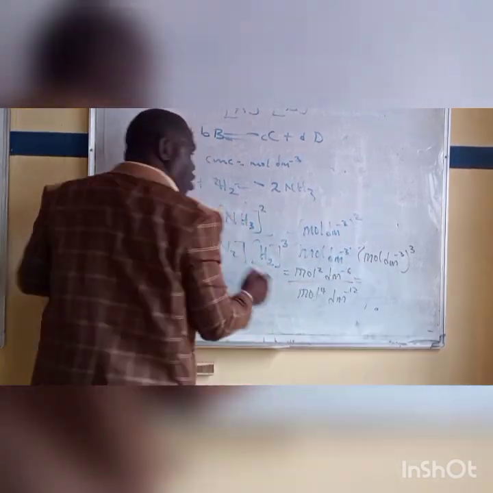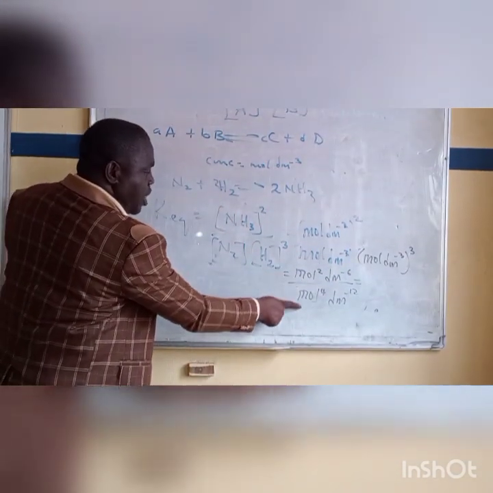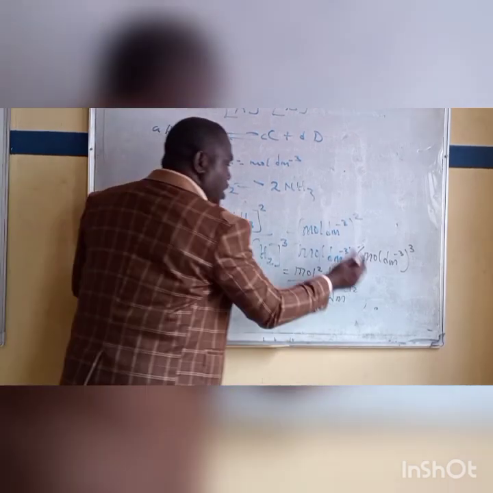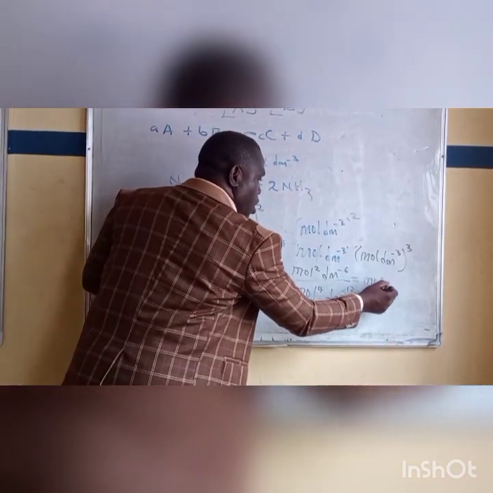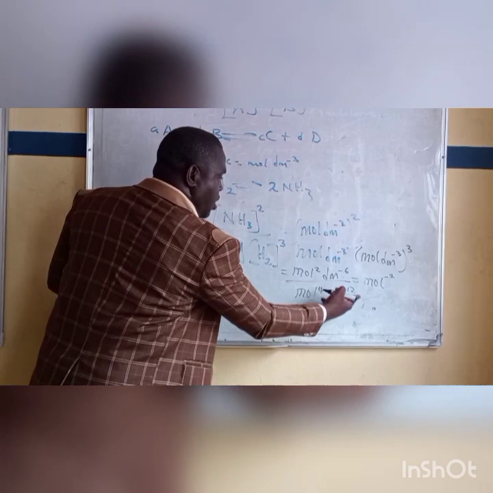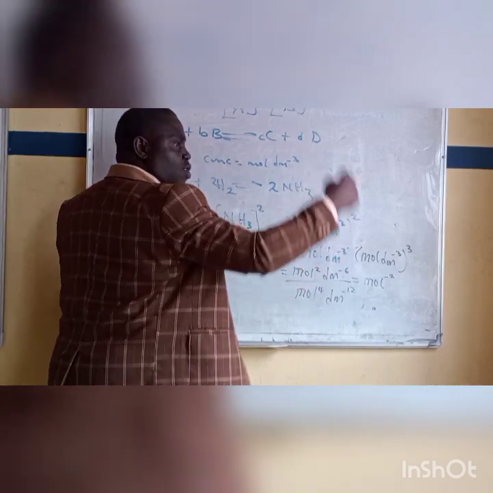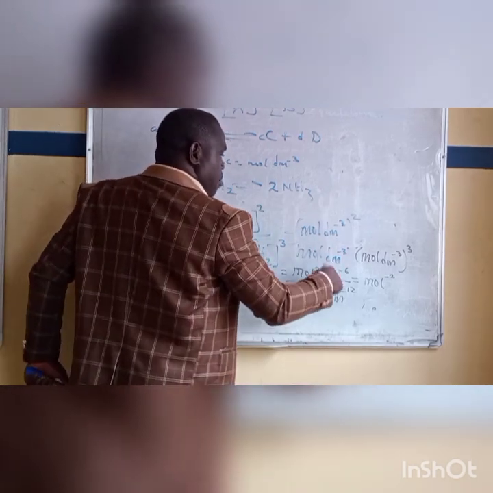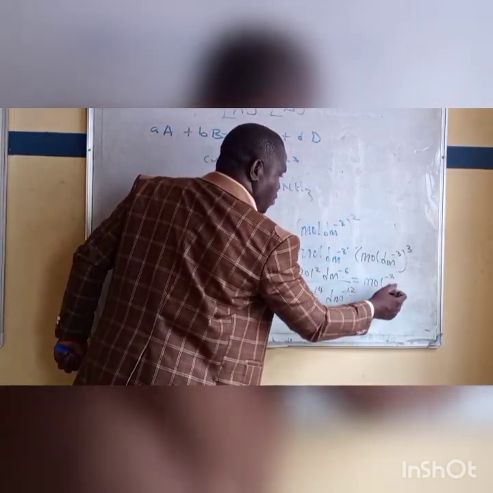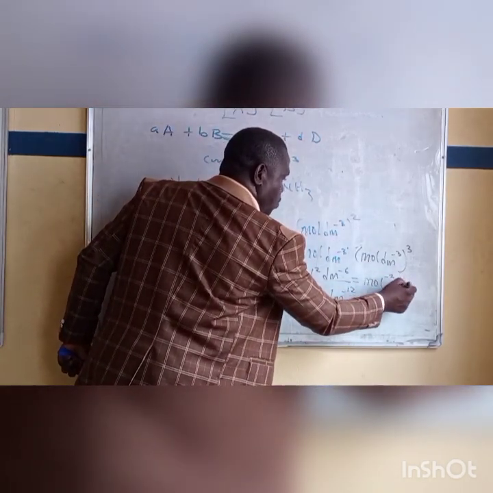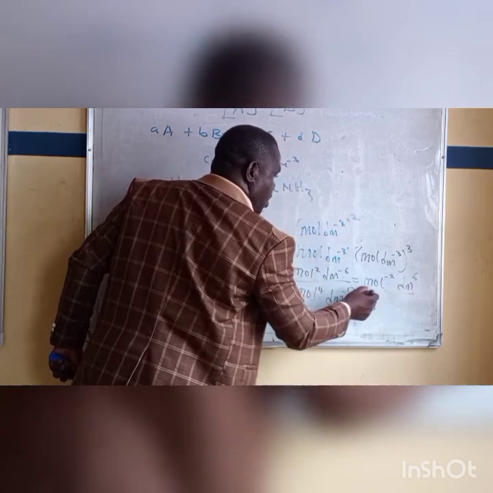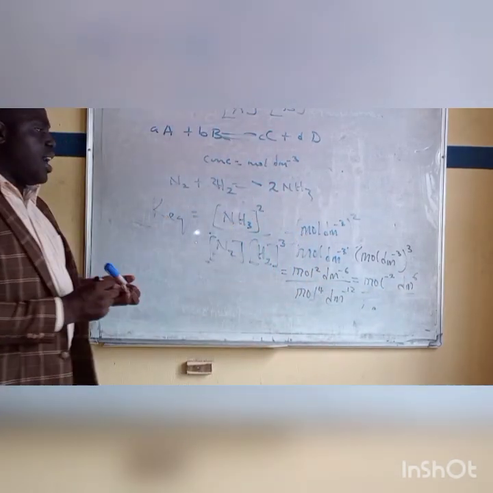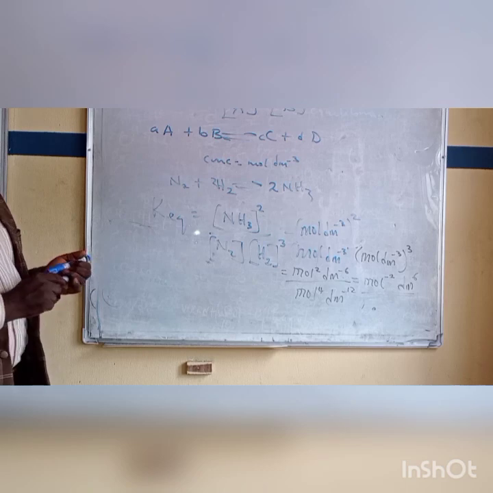Applying the law of indices properly, you have the mole to the minus 2, and dm cube to the power 6. That's what you're going to have right there, and that is the expression.